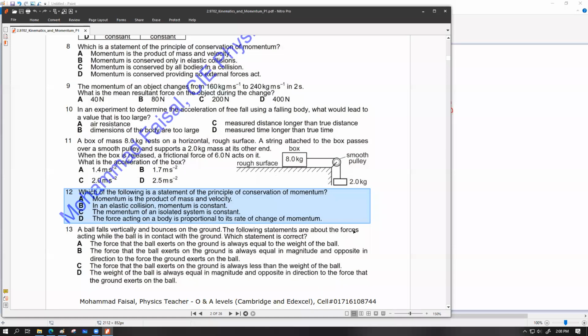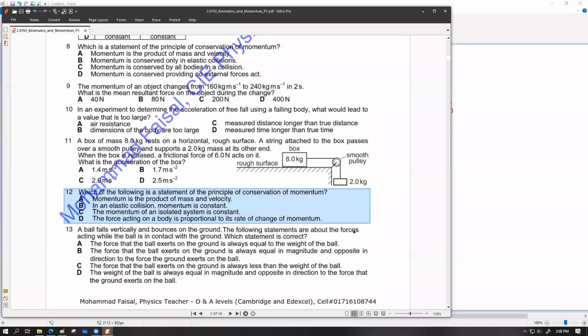Which of the following is a statement of a principle of conservation of momentum? Momentum is a product of mass and velocity. In an elastic collision, momentum is constant. The momentum of an isolated system is constant. The force acting on a body is proportional to its rate of change of momentum. Okay. Principle of conservation of momentum and basic content is that total momentum of the system before collision is equal to total momentum of the system after collision, provided the two objects collide in a closed system.